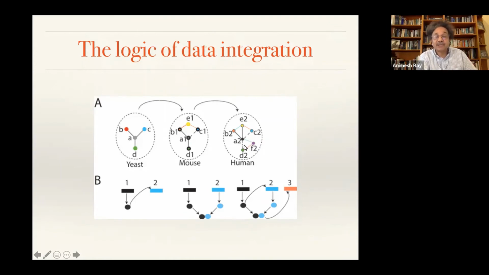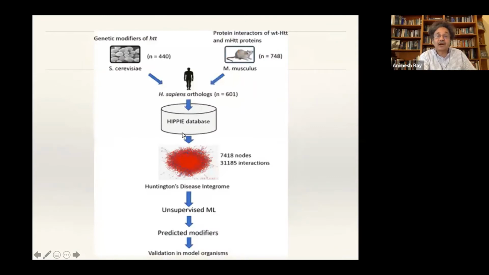Using this kind of gene and protein-based homology studies, she put together a large database of human orthologs that have basis in either yeast or mouse interaction. By interaction, I mean either suppression or elevation or enhancement of Huntington's disease gene, and put them together in this hybrid virtual database.